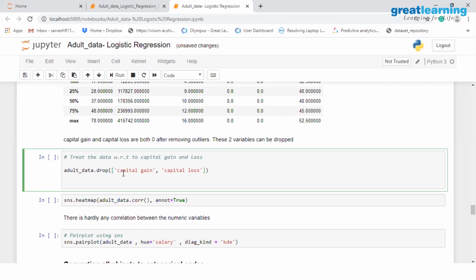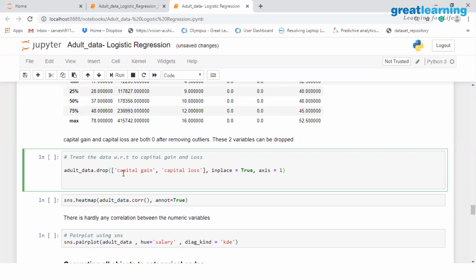Is this right here? Am I missing something? inplace equal to True. Okay, still am I missing something? The axis equal to 1. So axis equal to 1 is a must to mention, right?